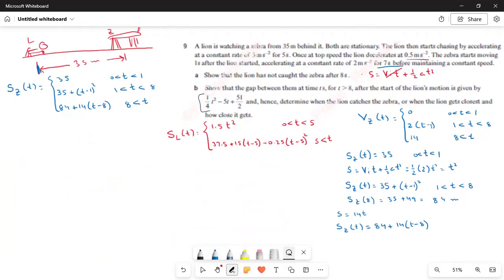Okay, so we have the distance and the offline distance of the zebra. Now at 8 seconds, the lion has not caught the zebra.